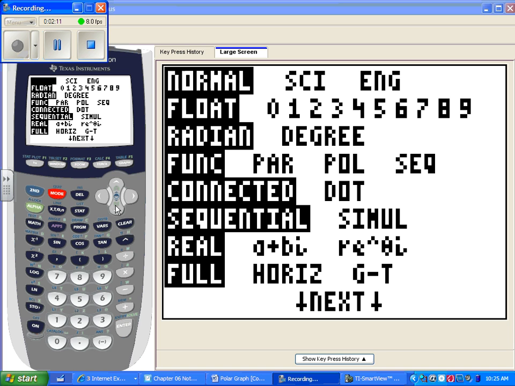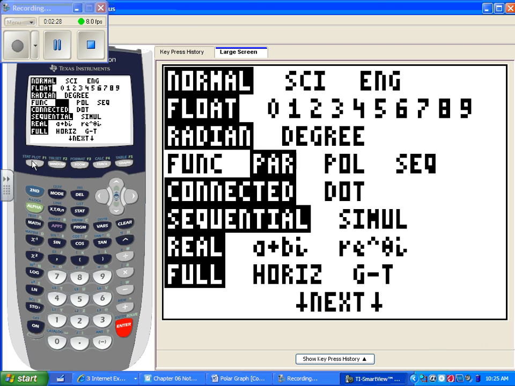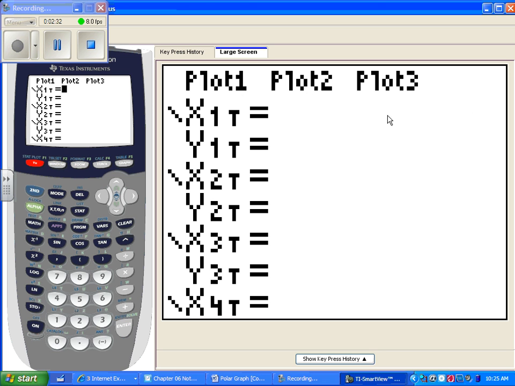And once you're in that mode area, you can click down, and what we want to do is change from function to parametric. So you just press over and enter, and now you're in the proper mode. If I now press the y equals button to set up a graph, you'll notice I've got a spot for both an x equals equation and a y equals equation, and that's what I want.